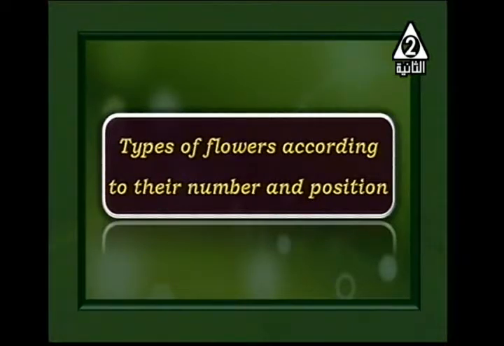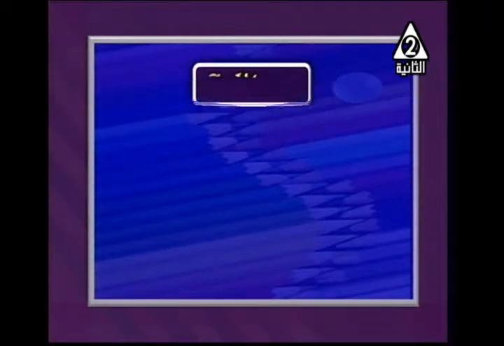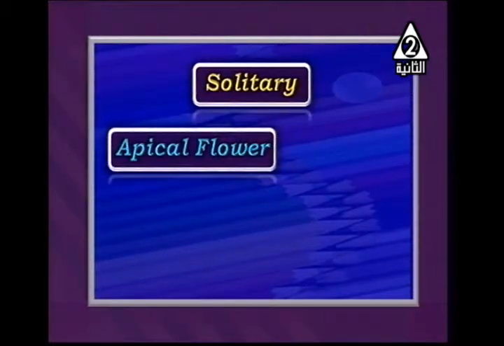Types of flowers according to their number and position. It's just extra information for you, to make the types of flowers clearer. Number one, solitary, which means just one flower. It is found at the top of the plant, an apical flower.